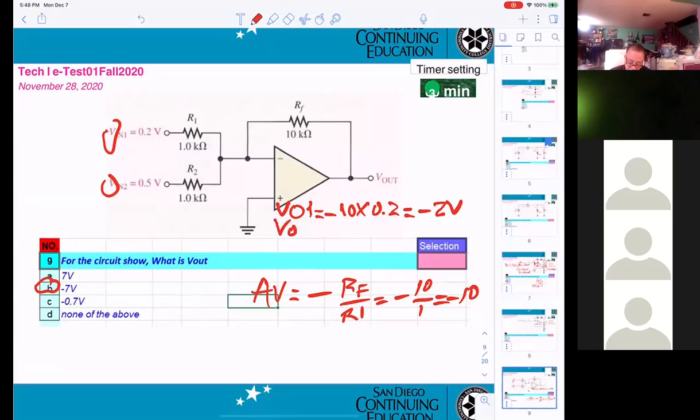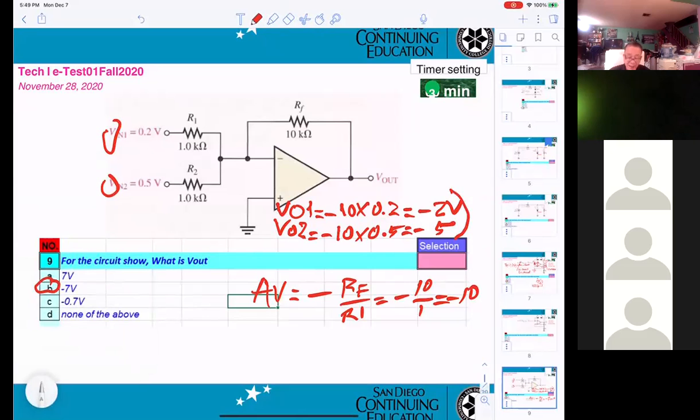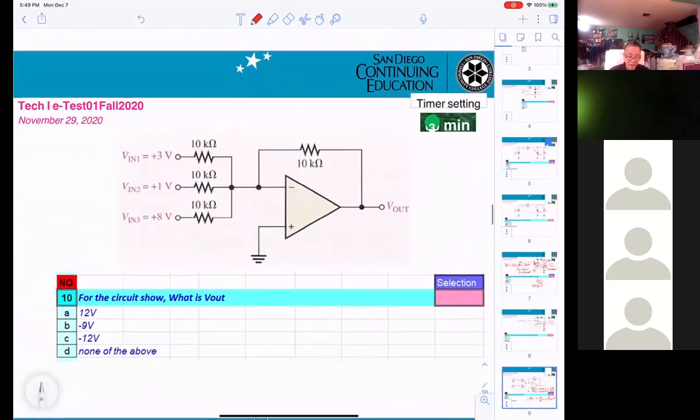VL2, minus 10 times 0.5, minus 5. Add them up, that's why minus 7. Yeah, I got it. I forgot the minus sign.